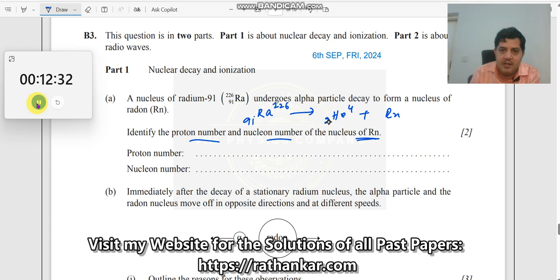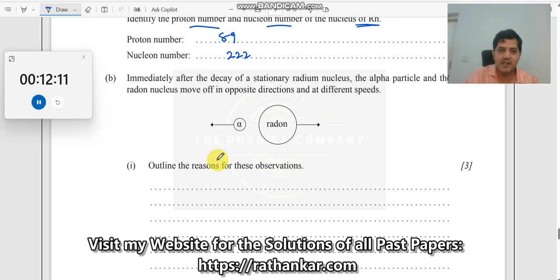So 91 and here it is 2. 91 minus 2 should be 89 here. 226 minus 4 should be 222 here. Now what is proton number? There are 89 protons, and nucleon number should be 222 here. Don't do 222 minus 89. Okay, we are not asking neutron number, we are asking nucleon number. So this will give you 2 marks. Blindly, you can get this one here. Let us move on to the next one.